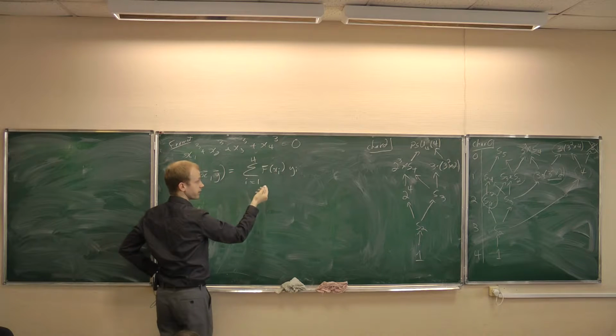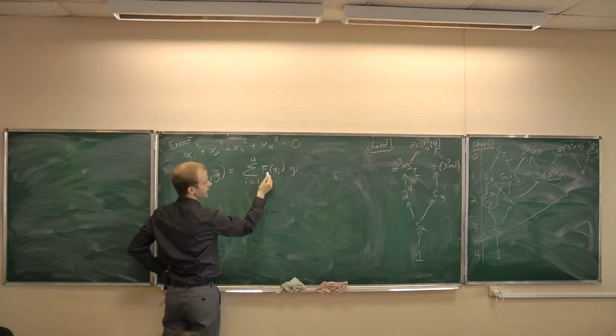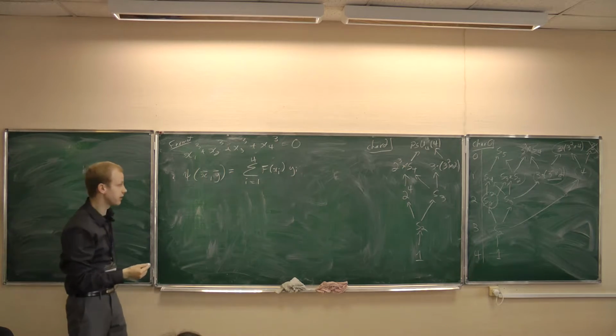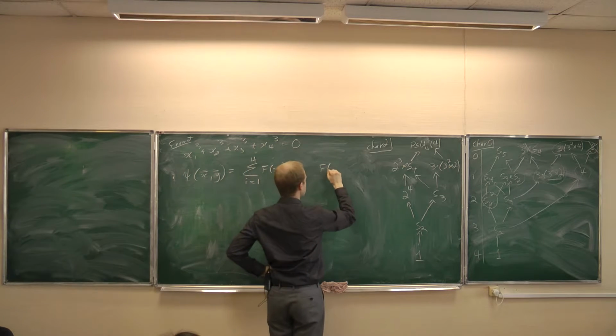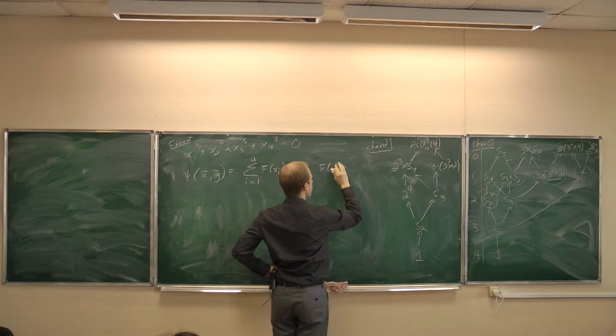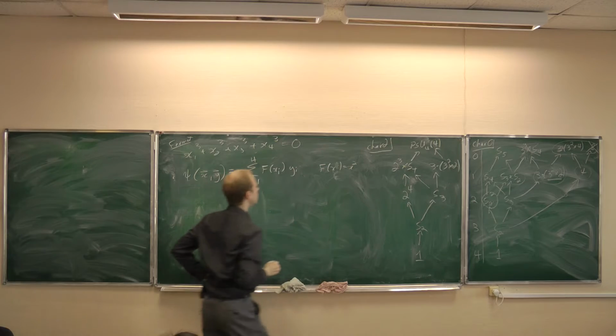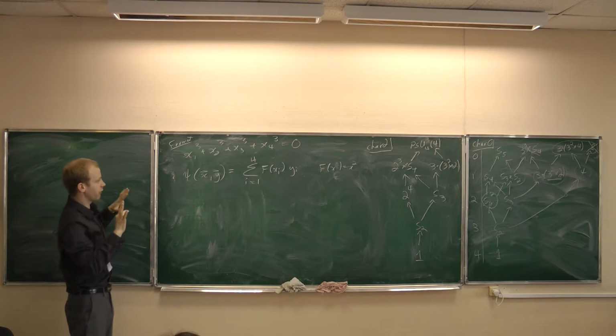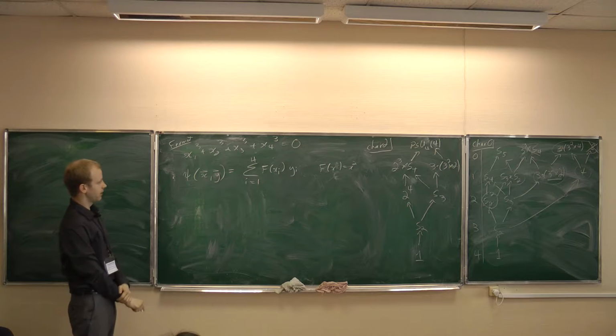It's like an ordinary inner product, except rather than taking complex conjugation, you're taking the Frobenius. So f of x is equal to x squared, over F4.